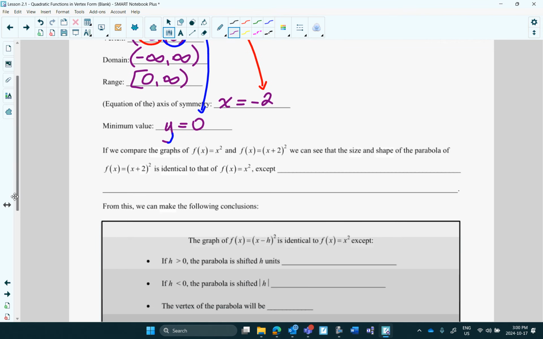So what did we do? We moved all points on y equals x squared 2 units left.